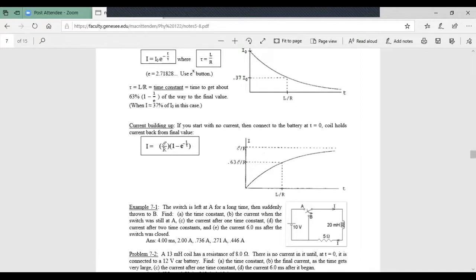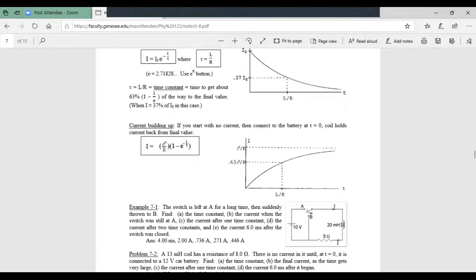And this graph is just the one I was talking about a minute ago, turned upside down. It's the exact same shape. This time it approaches the asymptote from below rather than above. And the asymptote, instead of being at a current of 0, is the final current that you approach as the time gets very, very large.